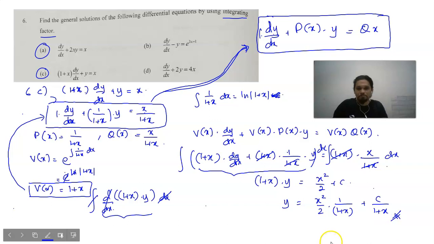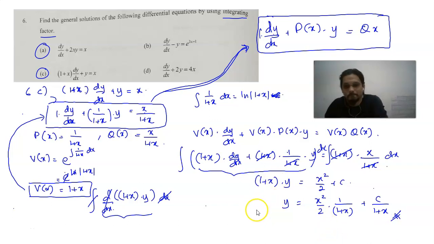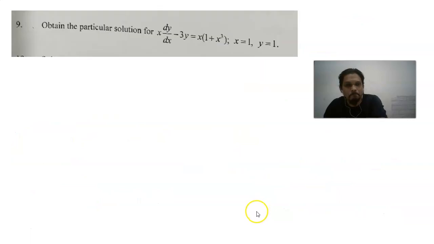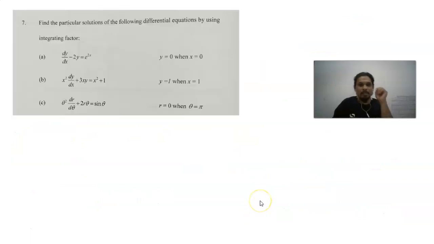There you go. Okay, question number 6. For this one, let's say I choose question B. So x squared dy/dx plus 3xy equals x squared plus 1.